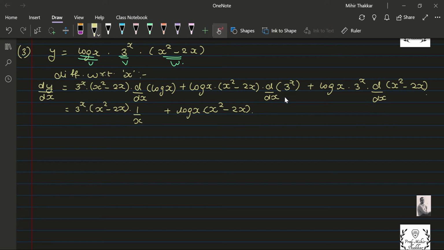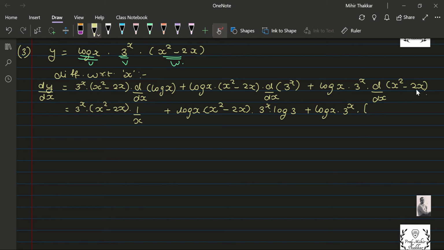Derivative of 3 raised to x, which is same as a raised to x as we saw just now. The answer was a raised to x into log a. So a is 3 in this case, so I will get 3 raised to x into log 3 plus log x, and 3 raised to x will be copied down as it is.